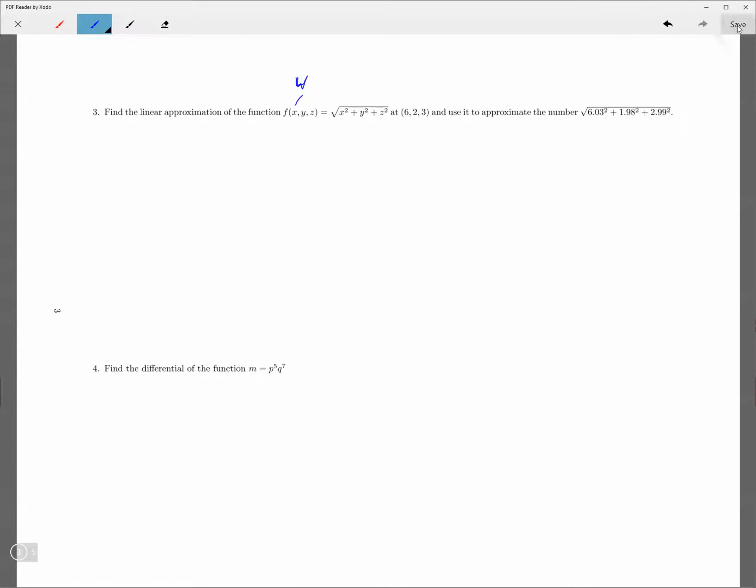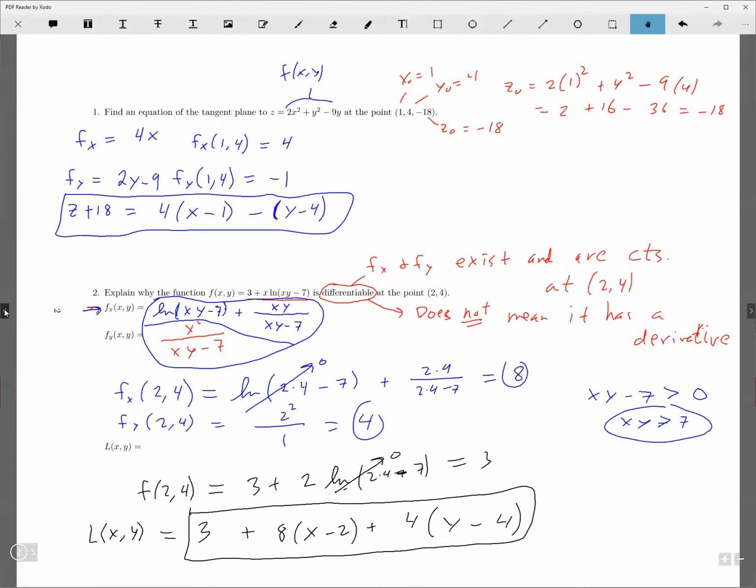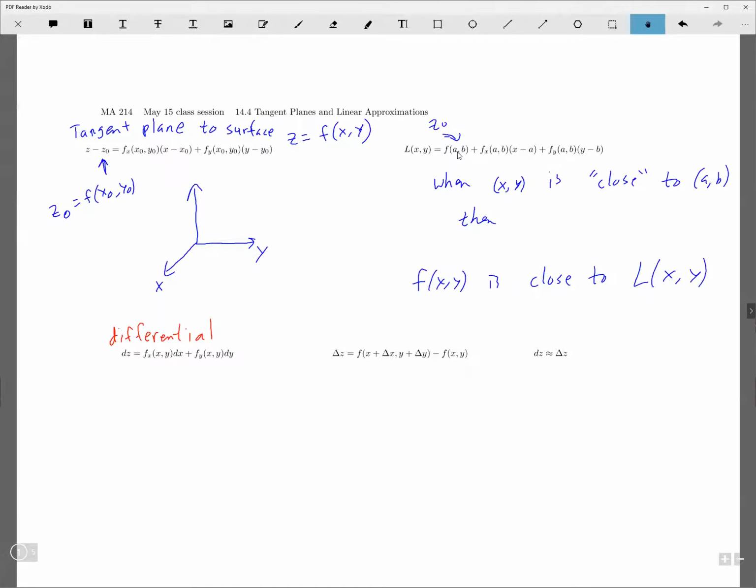But the linearization pretty much extends. So this would be the w naught, and then the partial with respect to x times that, partial with respect to y, and then you'd add on a partial with respect to z times z minus c or something like that. Okay.